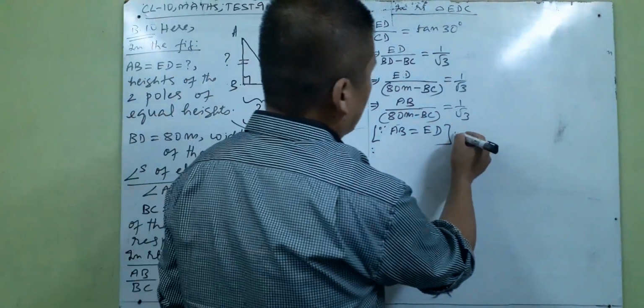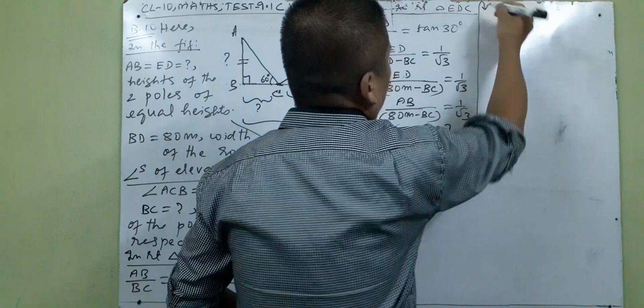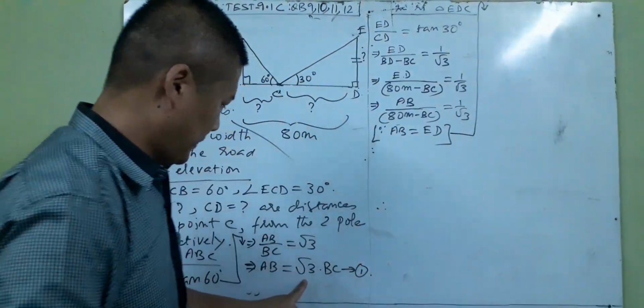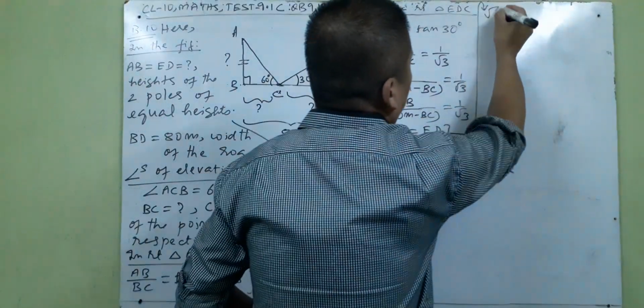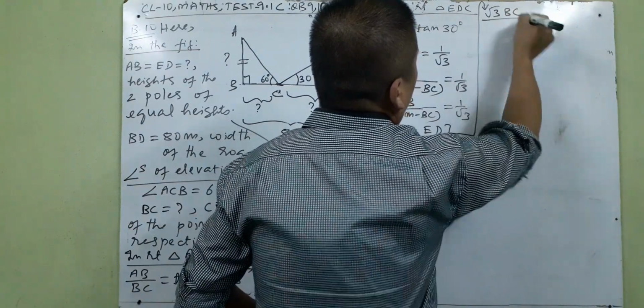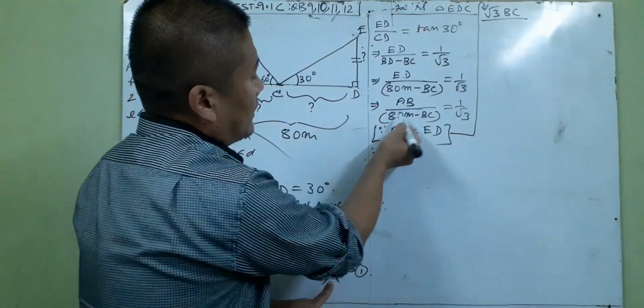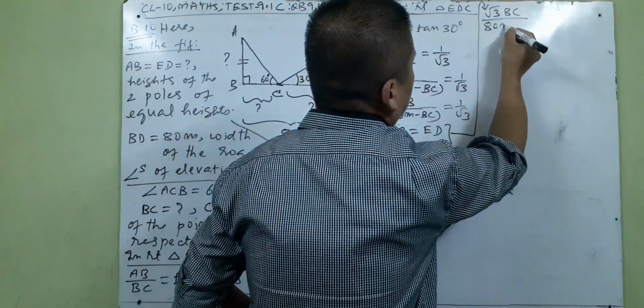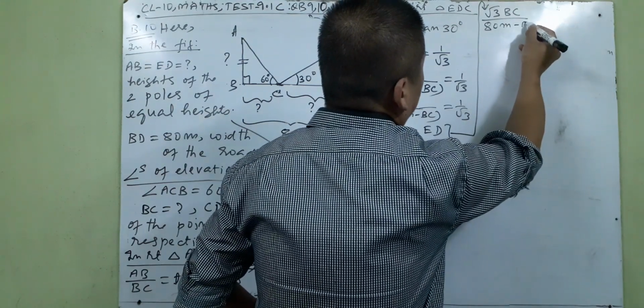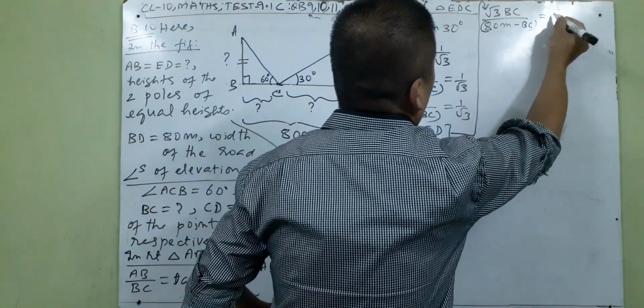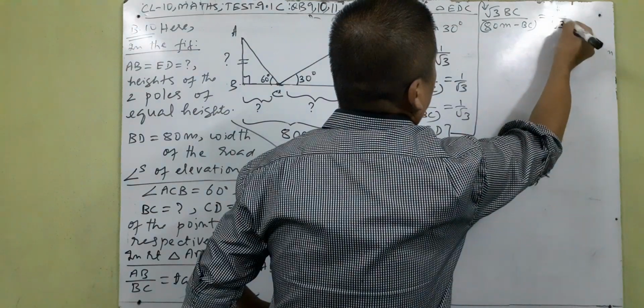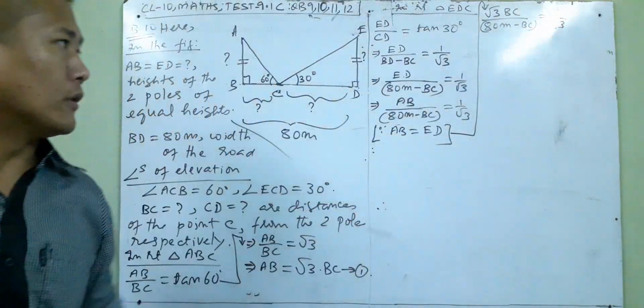So if we replace AB by root 3 BC, then everything will become BC and we'll be getting BC from this equation. That way we'll first find BC and slowly the other values will also come up.